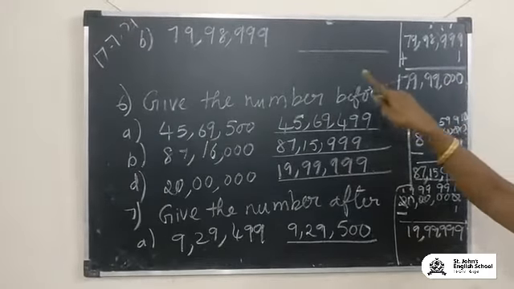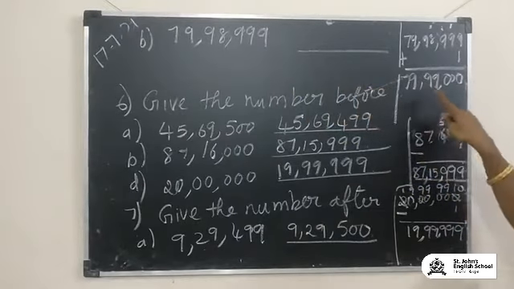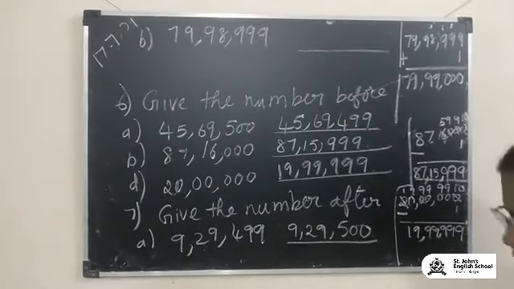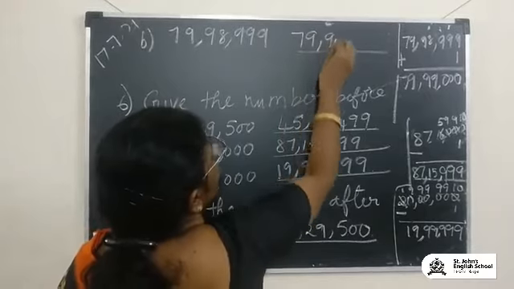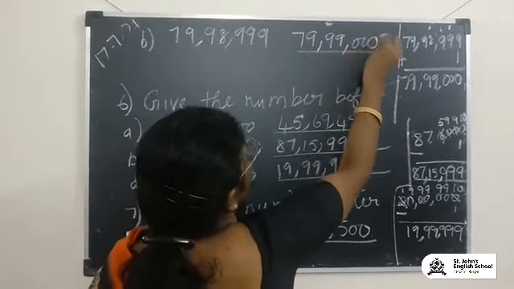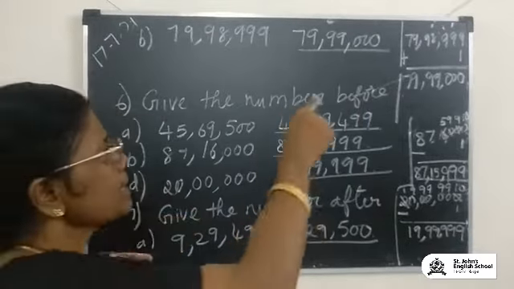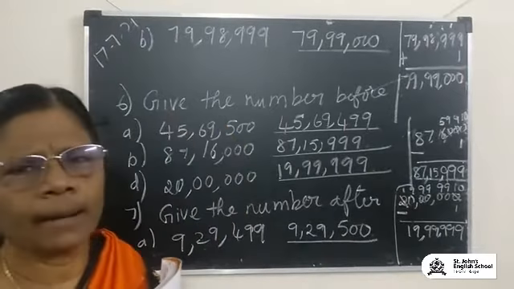So after 79 lakhs 98,999, the next number will be 79 lakhs 99,000. So just take and write this number now, 79 lakhs 99,000. If you don't know, you can just put a plus 1, arrange the number 1 in the ones digit and then add the numbers.